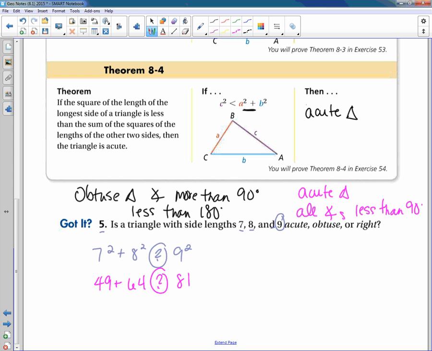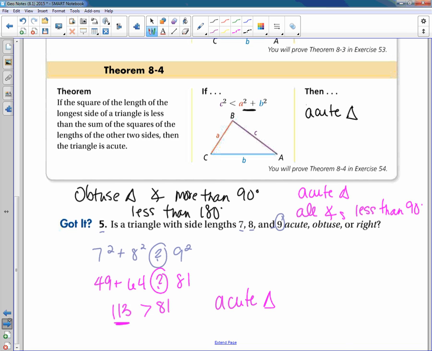So 49 plus 64 equals 113. So 113 is going to be greater than 81. So if a squared plus b squared is bigger, then what kind of triangle do we have? We will have an acute triangle because the sum of the squares of the sides is greater than c squared.